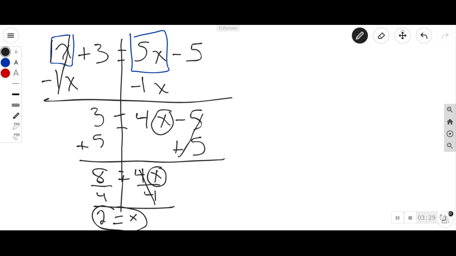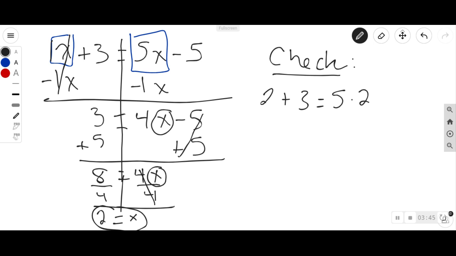So there's our answer. Now to check it, remember we're going to plug this in to each side of the equation. I'm going to replace the x with a 2. So 2 plus 3 equals 5 times 2 minus 5. So now I'm going to do this left side, so that's a 5.